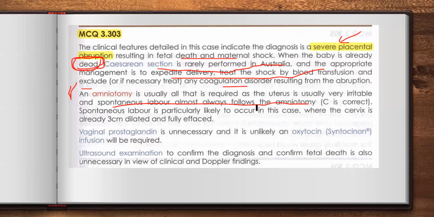If you go for the amniotomy, spontaneous labor almost always follows. Vaginal prostaglandin is unnecessary, and it is unlikely an oxytocin infusion will be required. Ultrasound examination to confirm the diagnosis and confirm fetal death is also unnecessary in view of clinical and Doppler findings.